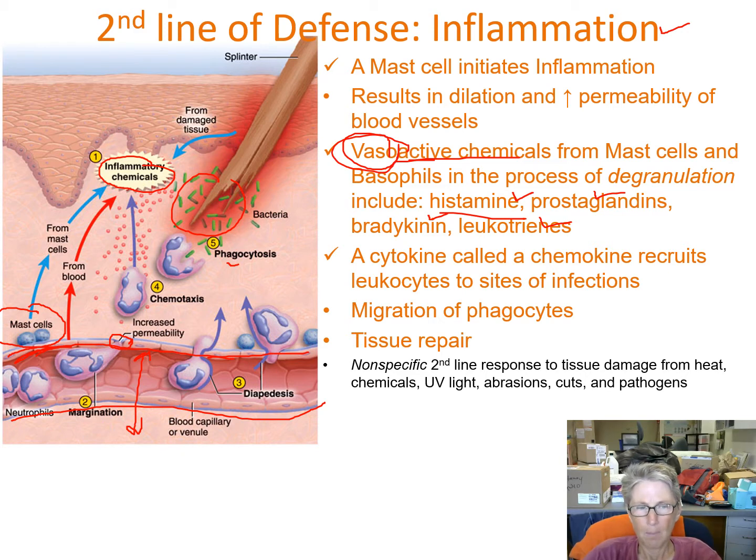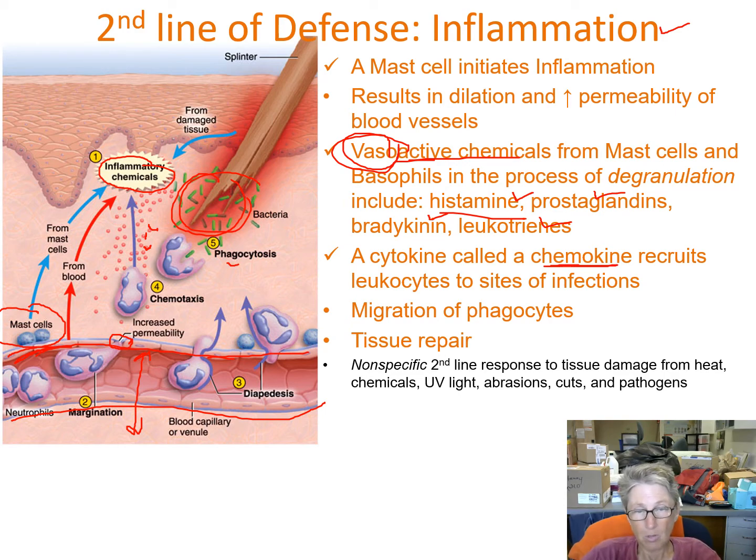So these chemicals act on the blood vessels, vasoactive. And then there's a cytokine called a chemokine that recruits the leukocytes to the site of infection. So here's the site of infection. Some of these inflammatory chemicals would be chemokines, and the neutrophil would move along that chemokine gradient to get to the battlefield and destroy all the bacteria.